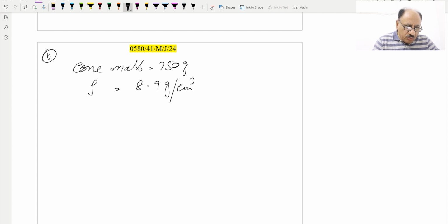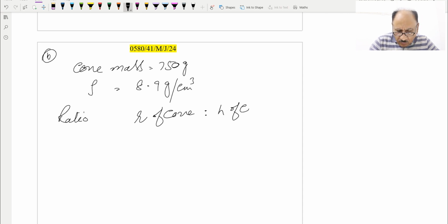And the ratio of the radius of the cone to the height of the cone is given, which is equal to 1 ratio 3. This ratio they have given.